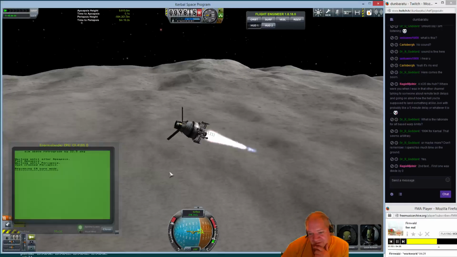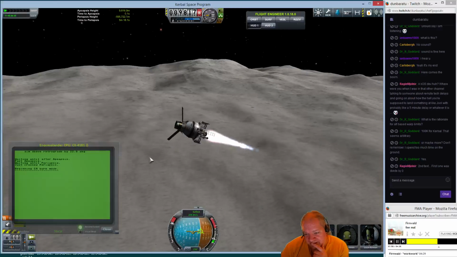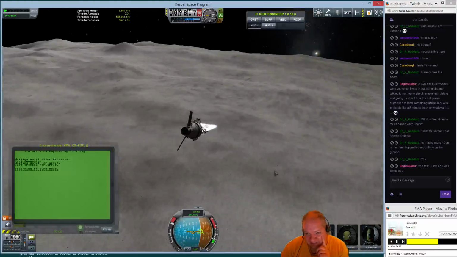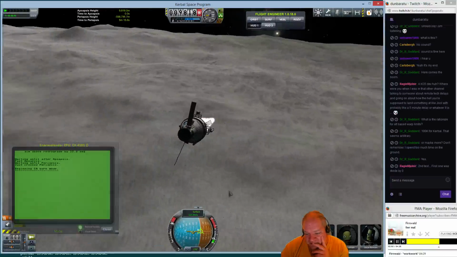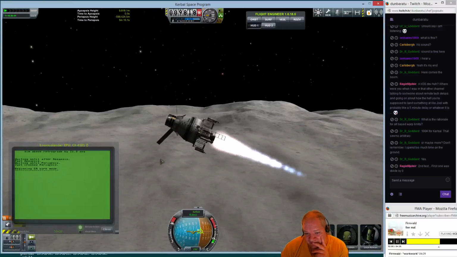Aside from the fact that we have wobbly steering, which isn't me doing that, that's the lock steering code not being so great, it looks better than it did before. This is more stable.